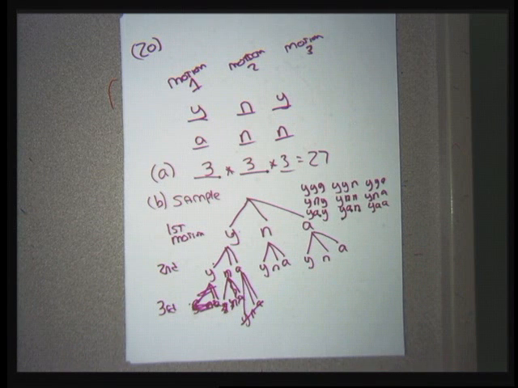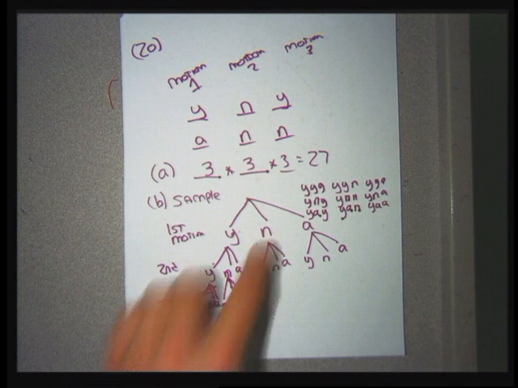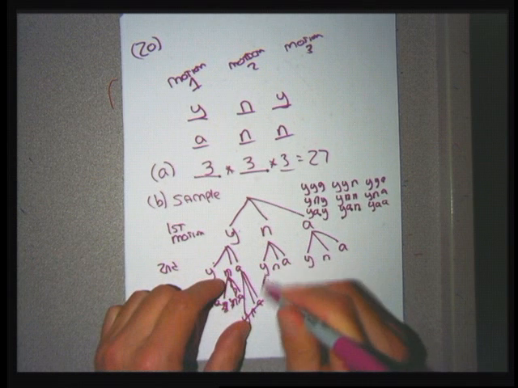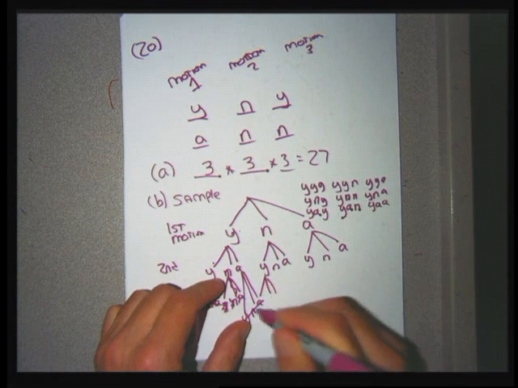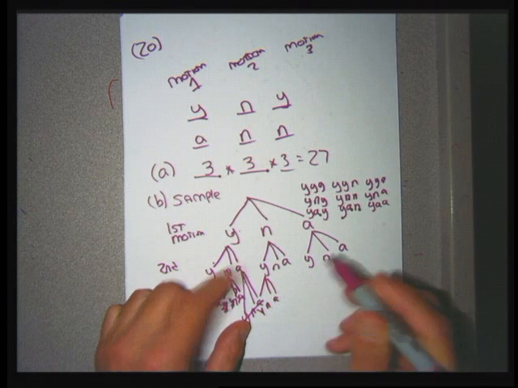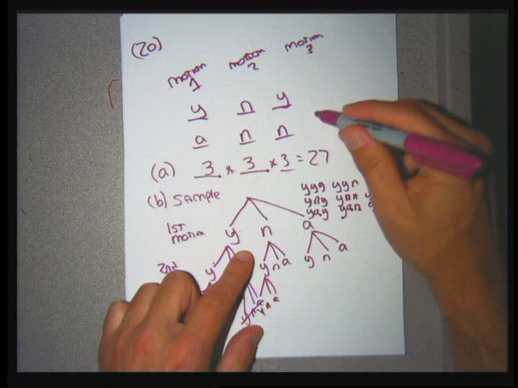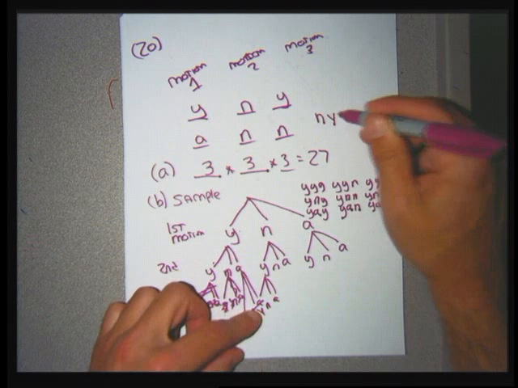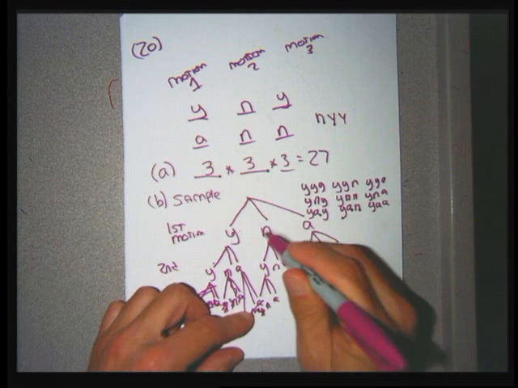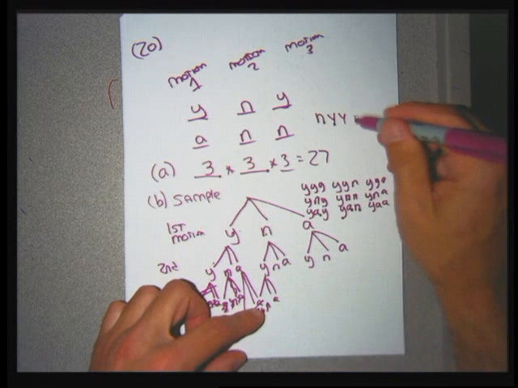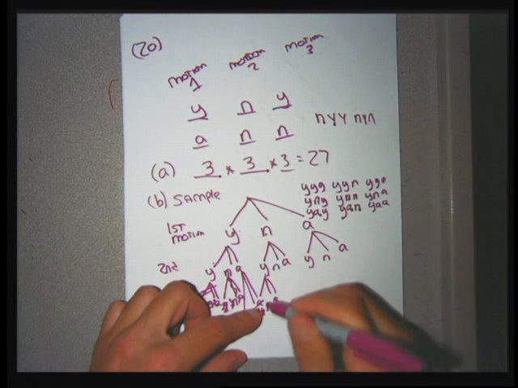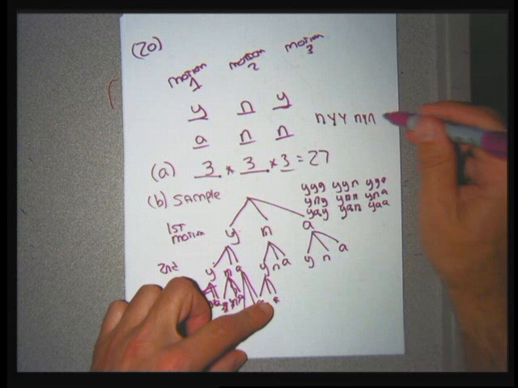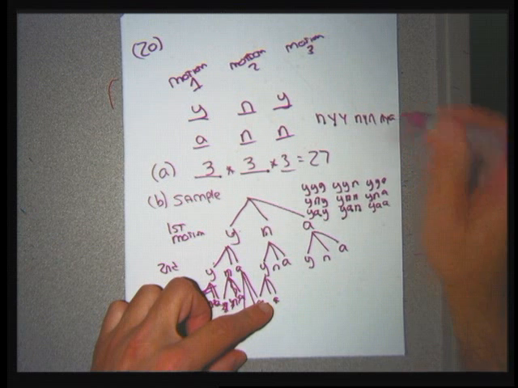So that's only 9 of the 27. Let me go from this no. So I'm going to go no, yes, and then yes, no, abstain. So for this branch right here, I see a no on the first, a yes on the second, a yes on the third. That takes me to that. And then a no, yes, no. Takes me to that. And then a no, yes, abstain. That takes me to that.